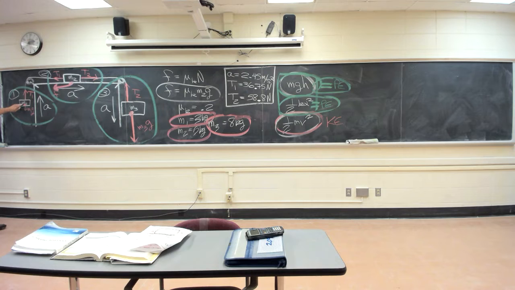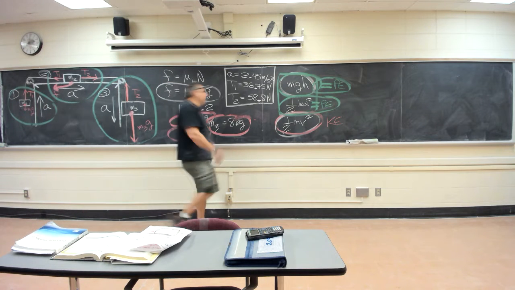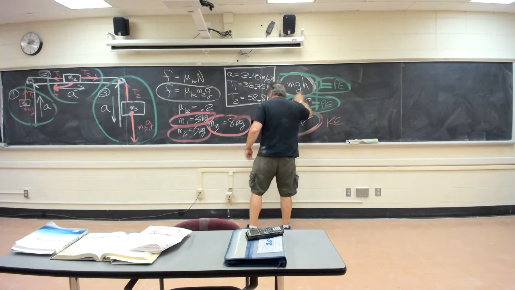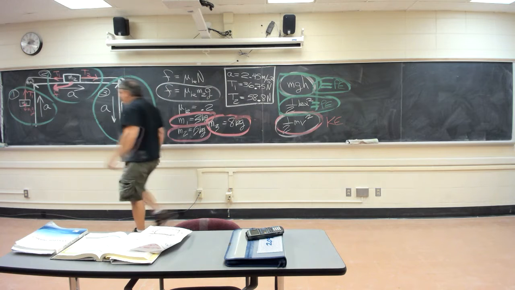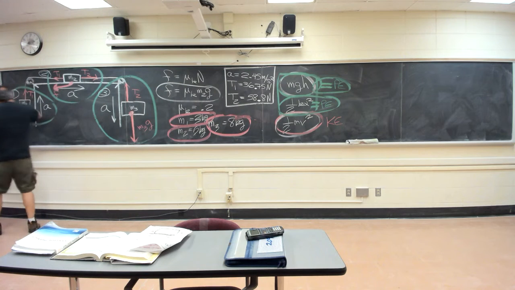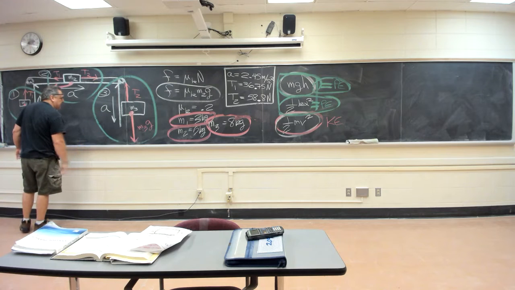M1, this mass, there's been a gain in potential energy over here. What is it? M1g climbing to a height h, or to a height d. I know I've been saying h, but in this case we've also been using d. So it's going to climb M1gd. This one's going to fall M3gd.